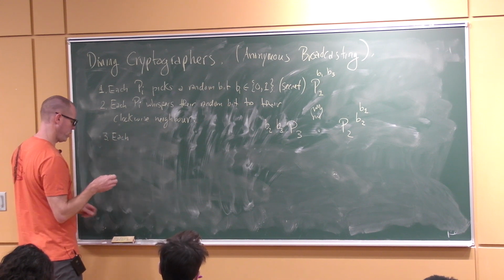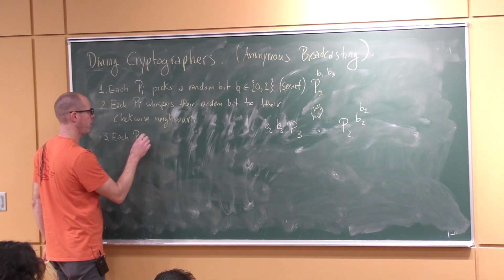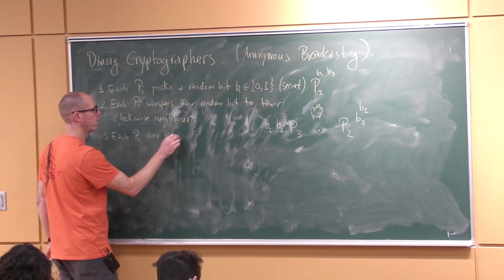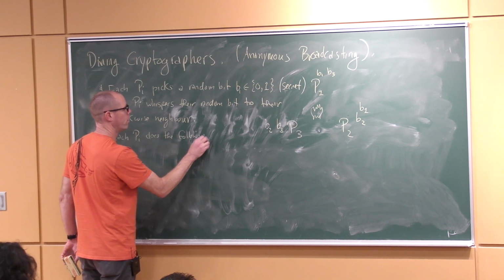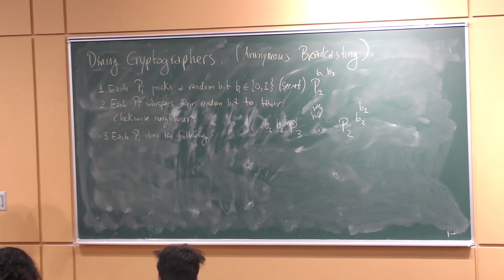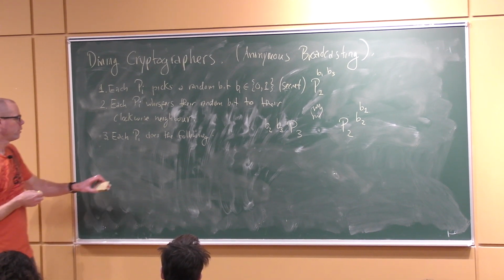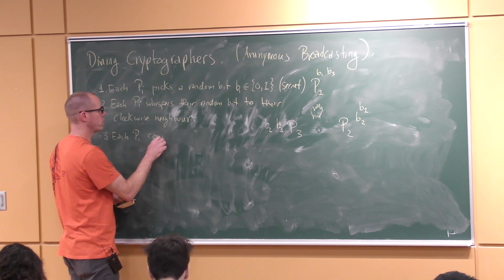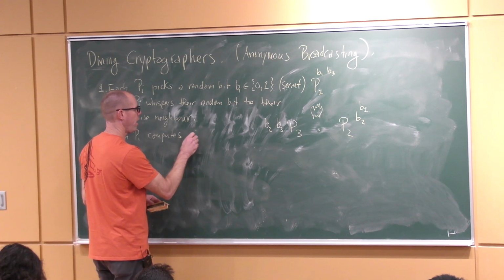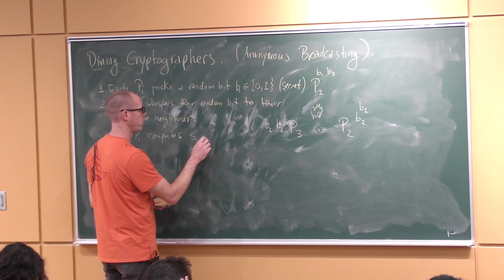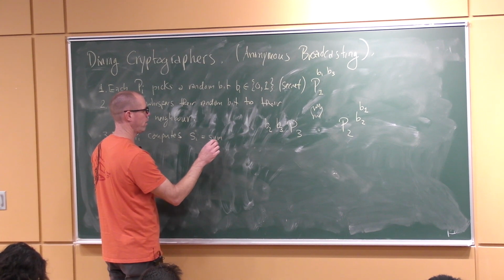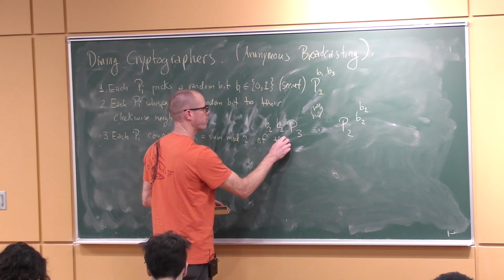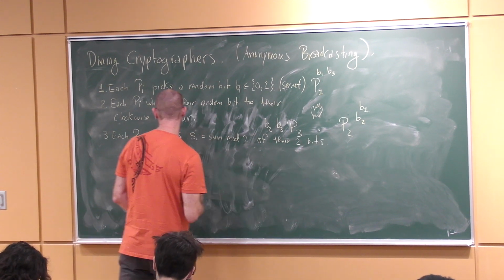So each Pi does the following. Each Pi computes Si, which is equal to the sum mod 2 of their 2 bits. I'll be really explicit about this.